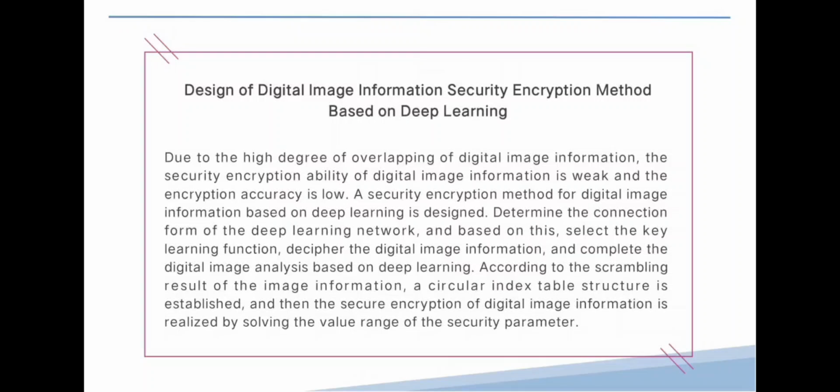According to the scrambling result of the image information, a circular index table structure is established, and then the secure encryption of digital image information is realized by solving the value range of the security parameter.